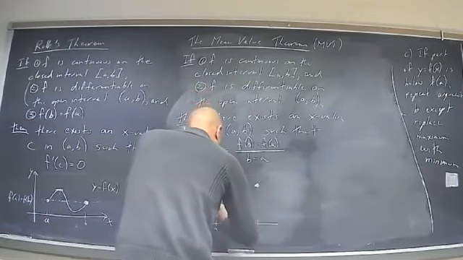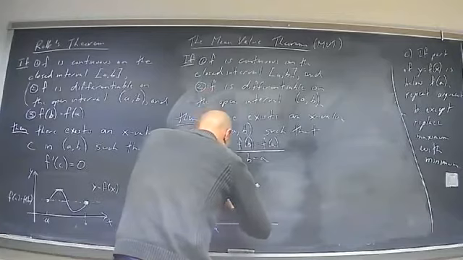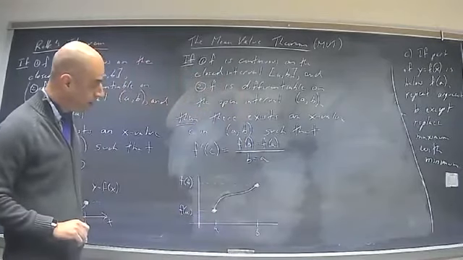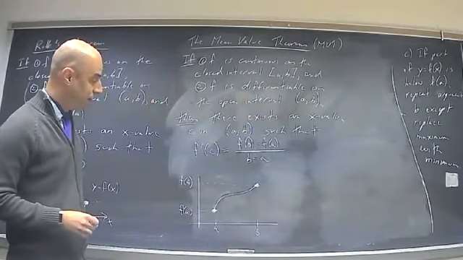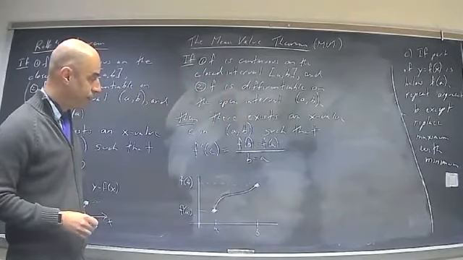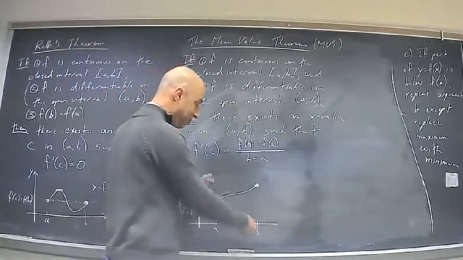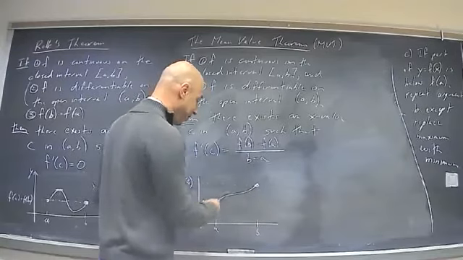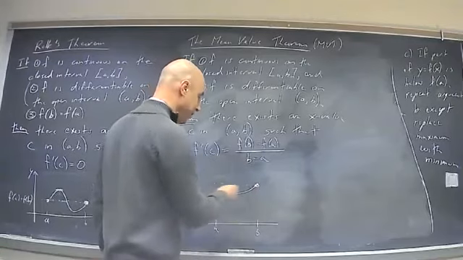Mine's going to look like something like that. Yours could look different, as long as it starts at one of the points you drew and ends at one of the points you drew and is nice and smooth, then you're good.